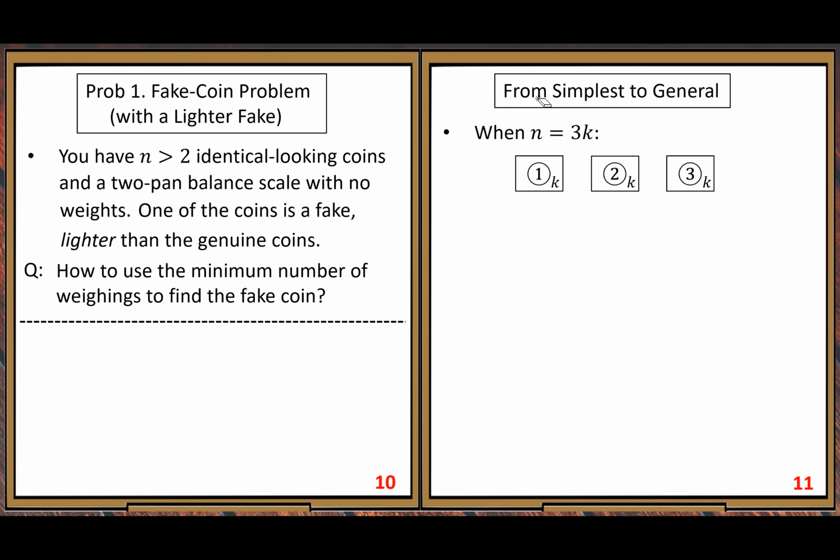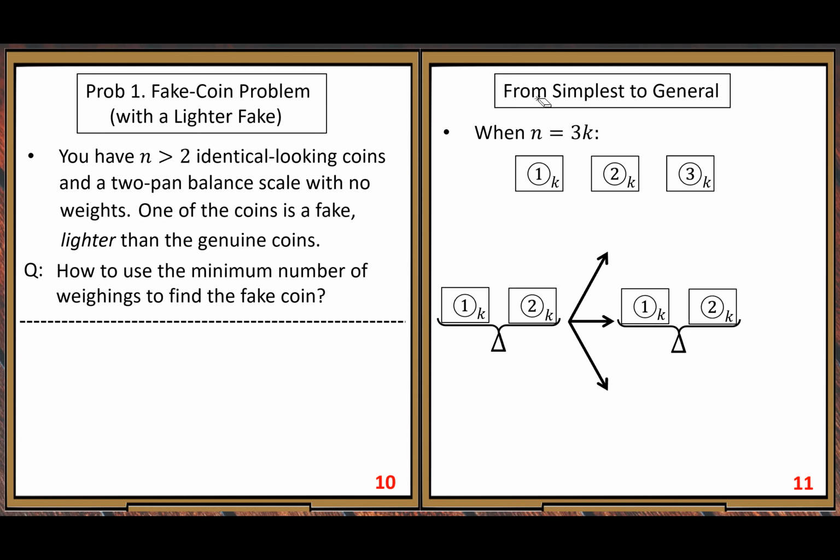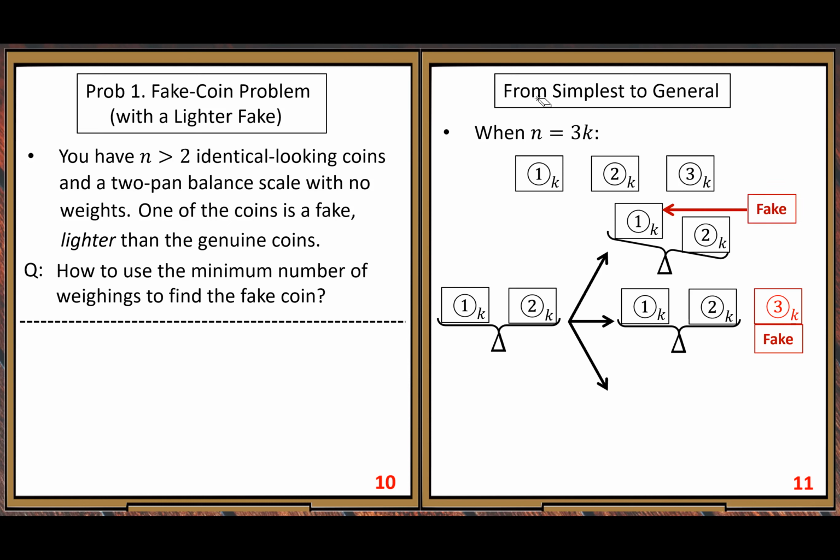Then we run our general procedure. Put on the scale. Yeah. 3 cases, right? Think about 3 cases. The first one, the fake one is in group 3, right? Yeah. Group 3, fake. Fake one in group 1, group 2.